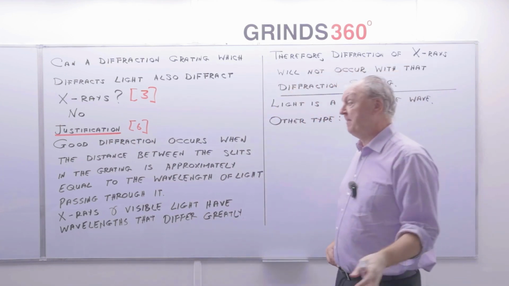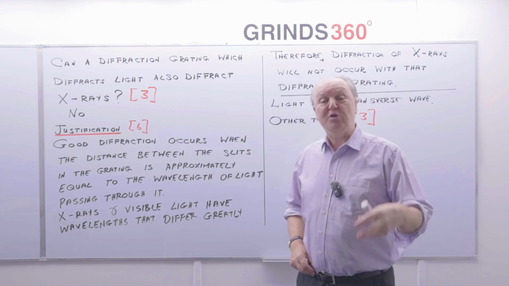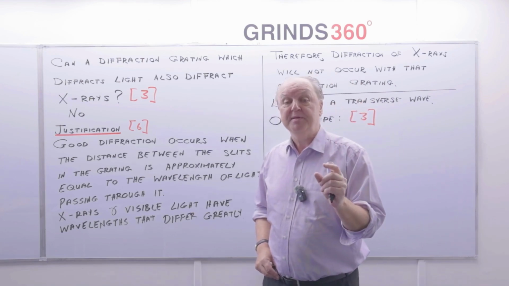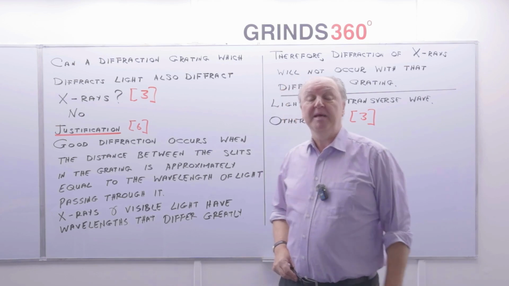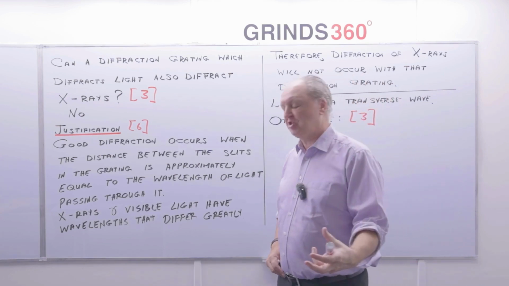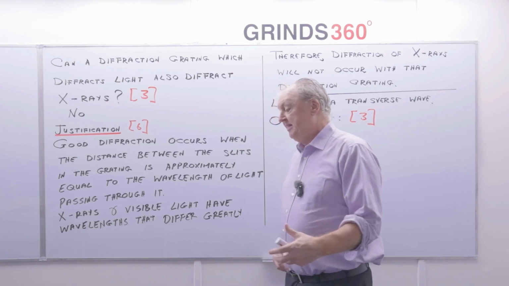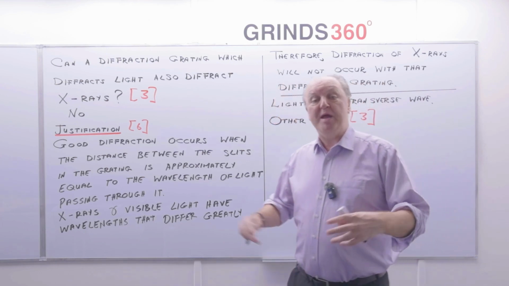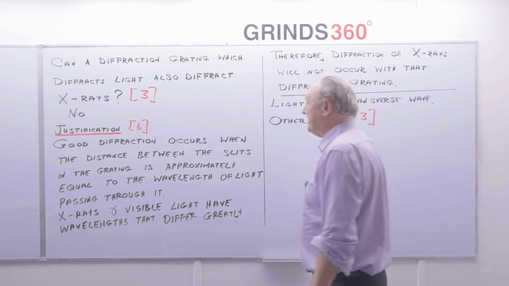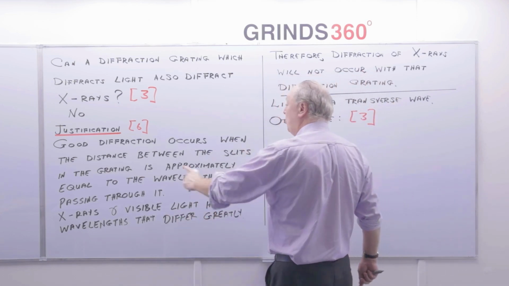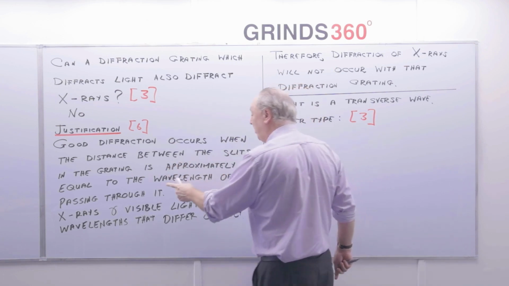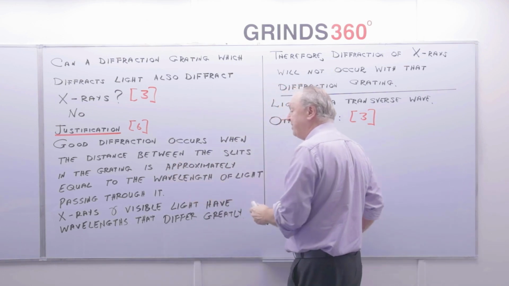Well, we did this very well in the lessons. We talked about good diffraction taking place when the size of the gap is approximately the same as the size of the wavelength passing through. Then you get really good diffraction. If that size of the gap and the wavelength are way apart, you get very poor diffraction or no diffraction at all. So my first sentence is good diffraction occurs when the distance between the slits in the grating is approximately equal to the wavelength of light passing through it.